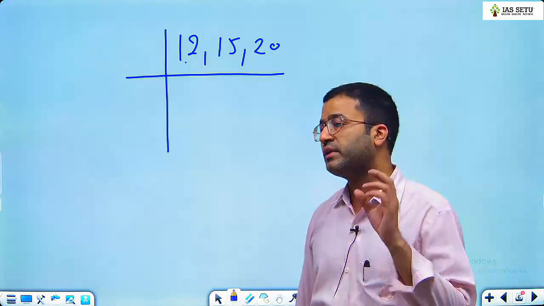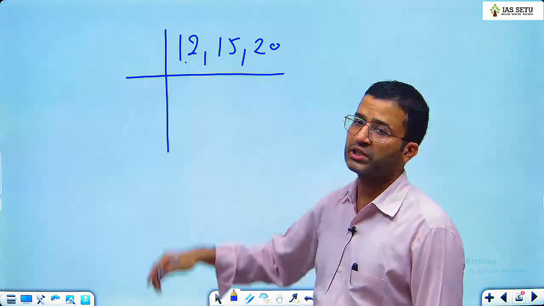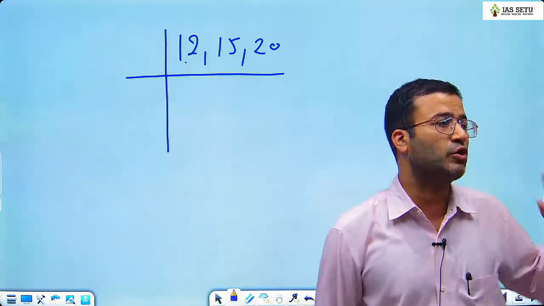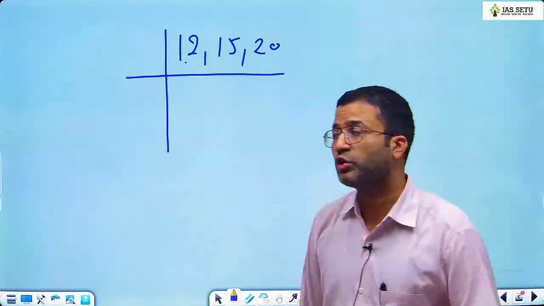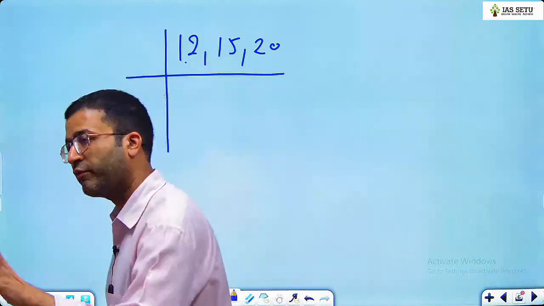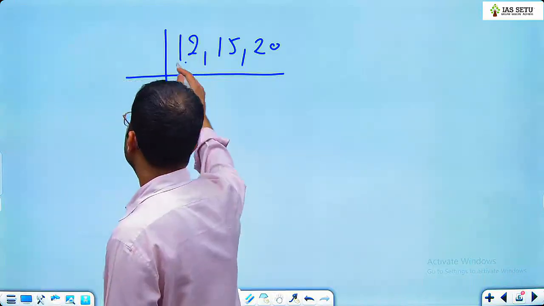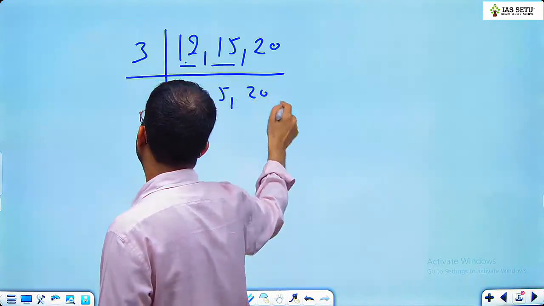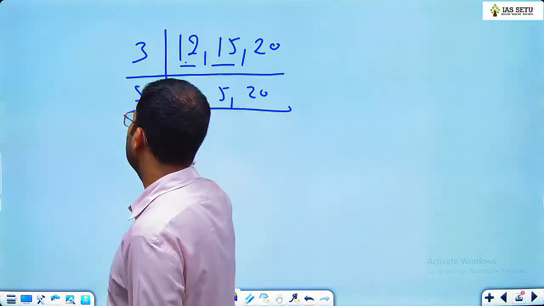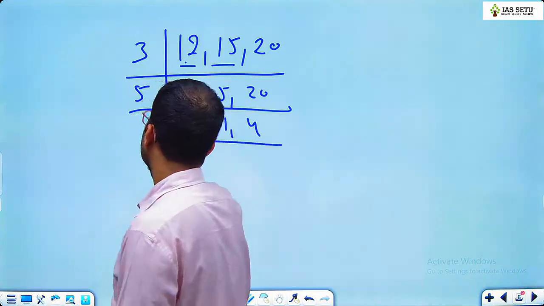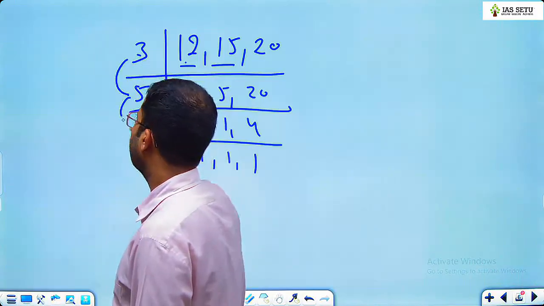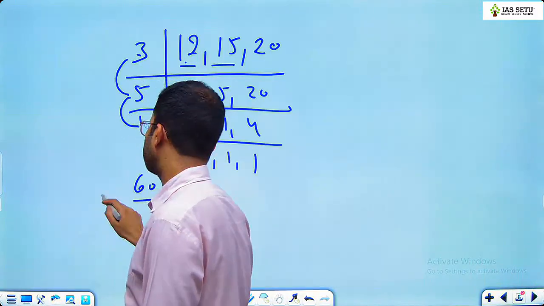But can you tell me any factor which is common from all these 3 numbers other than 1? No. There is no factor that is common from all three. So if it is not common from all the 3 numbers, we take common from 2 numbers. However you do it, 12 and 15 you take 3 common, so it is 4 and 5 and 20. Then you take 5 common, this is 4, 1, 4. Then you can take 4 common, 1, 1, 1. So 3 into 5 is 15, 15 into 4 is 60.